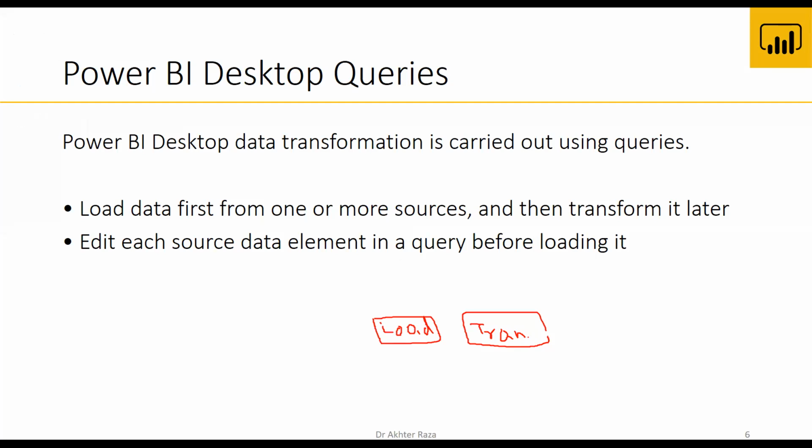So these are the two options. One is the load button, if you want to load the data into the Microsoft Power BI data view. If you want to transform the data in the query editor, you can click this option. If I just click the load option, you can see that the data is loaded in the data view.